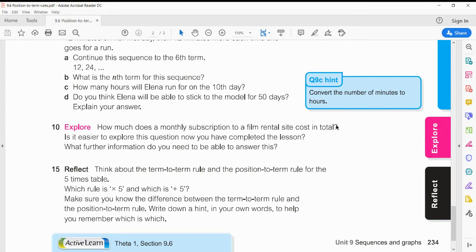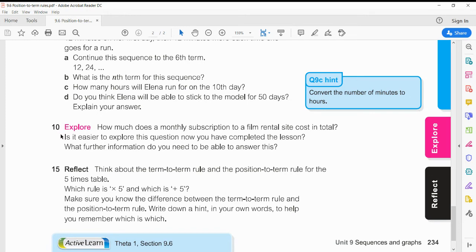That's just a monthly subscription. There's no end to how much it costs unless you know how many months you're going to use it for. So if you use it for 10 months, it's going to be 10 times whatever that monthly subscription is. In general, it's going to be n times that monthly subscription, where n is how many months you keep the film for. What information do you need to know? You need to know how many months you're keeping the subscription for.